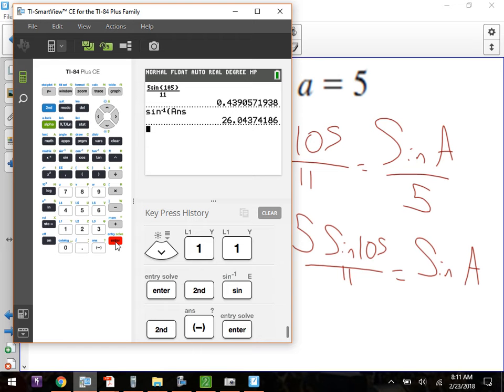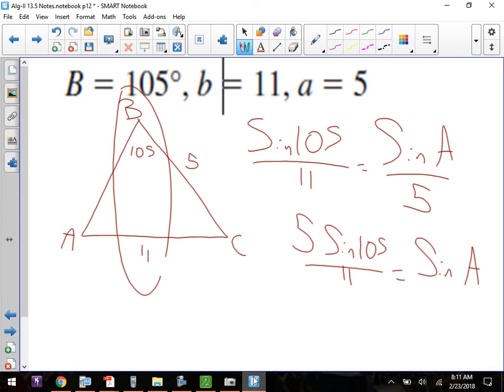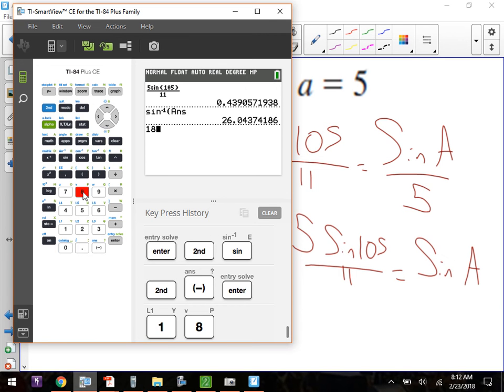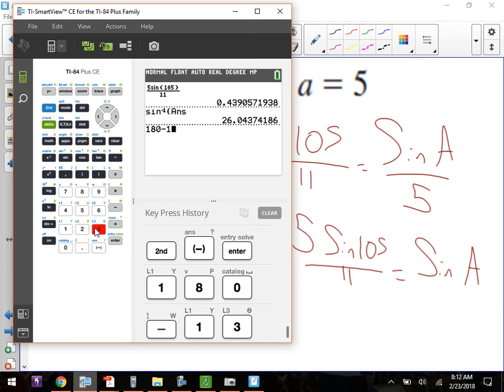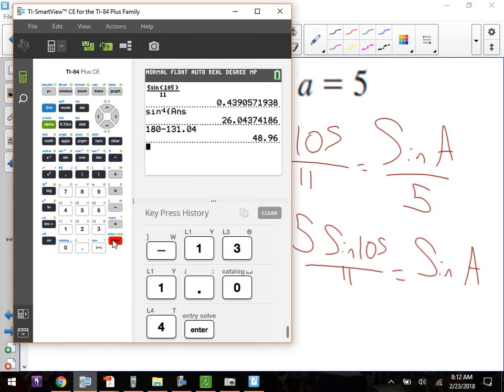Are we all right with those shortcuts like that? 26.04. And then that means I'll have 180 minus 131.04, which is 48.96.